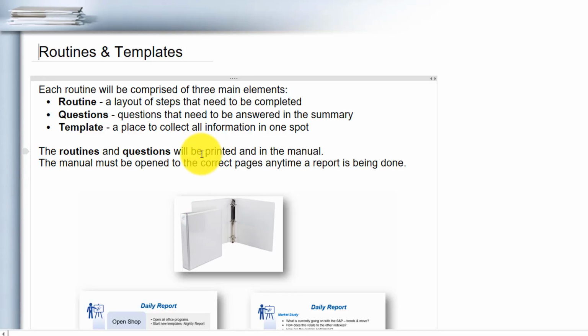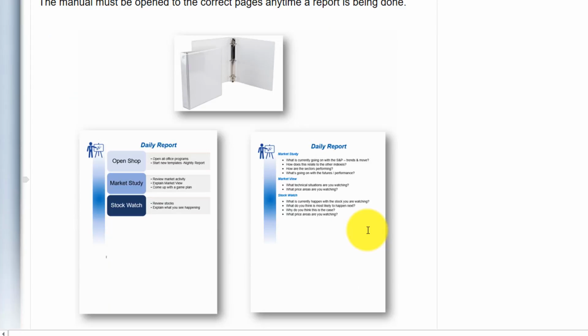So the routine and questions are going to be printed out and put into my manual. And again, the idea behind the manual is right when I'm working, I will open up that manual and have it right next to me working all the time. And so as I'm doing one of these reports, I open it up to that report and I will have the routine on the left here, showing me which steps I need to take and what actions I need to do, as well as on the right, I'll have the questions I need to be answering during the summary phase.